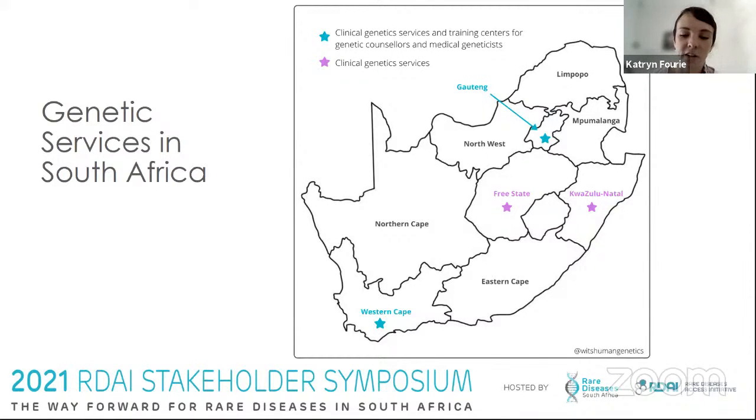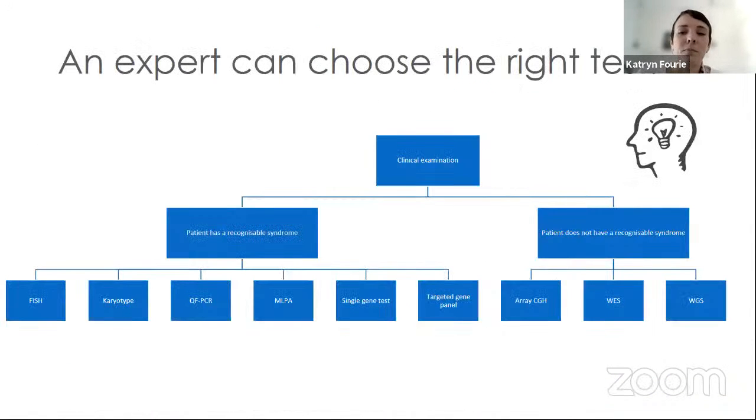But the problem in South Africa is around things like access to internet, so that you can do a Zoom consult with a patient, or even having a properly charged cell phone for our state patients. So there are a lot of issues like that. Reaching someone in Limpopo to do a telegenetic consult is not always as feasible as we would like. And we want these experts because they can hopefully shorten that diagnostic odyssey quite significantly.